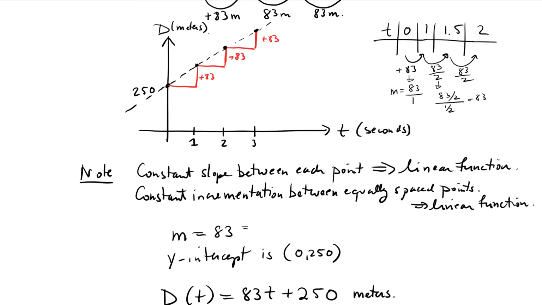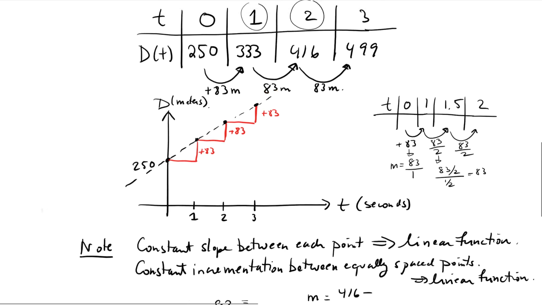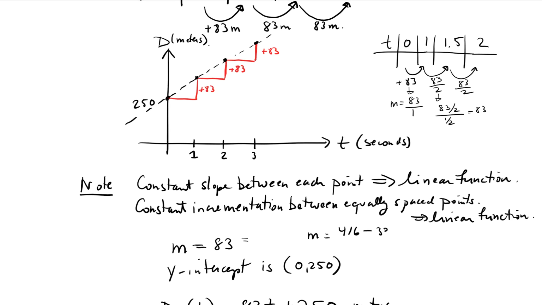We'd have done, I don't know, 416 minus 333 over 2 minus 1. We would have obtained, of course, 83 up there. That's in meters, and below it's seconds minus seconds, that's seconds. So our slope is actually 83 meters per second.